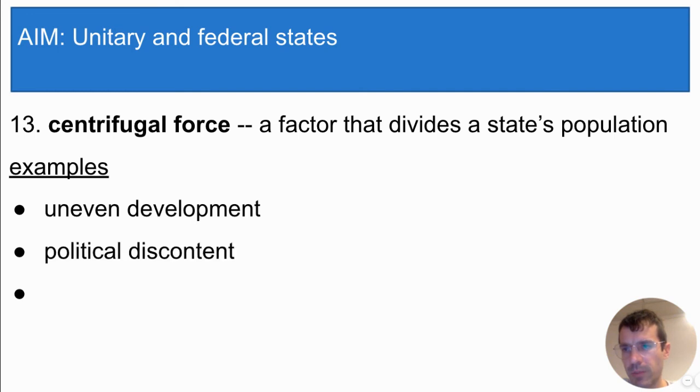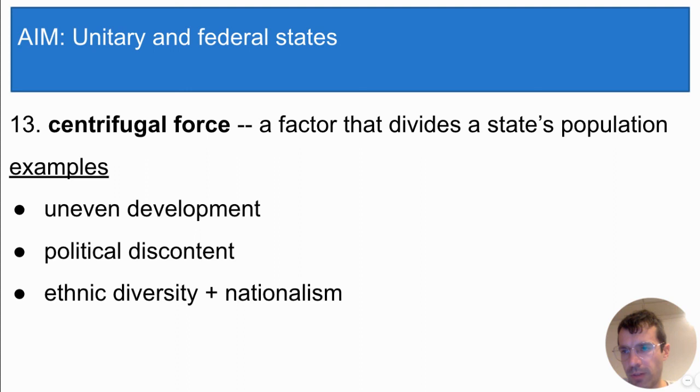Political discontent means that people are unhappy with their government and do not feel like it is working for them. You can think of this force as the opposite of popular leaders. Finally, ethnic diversity combined with nationalism is a recipe for disaster, as you saw in the Balkans.